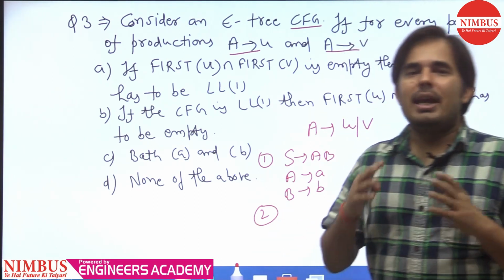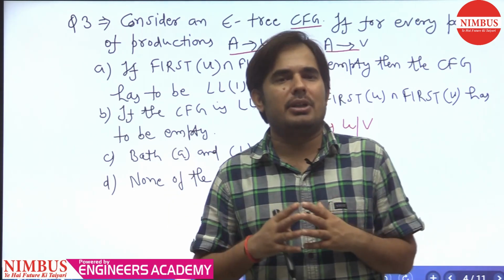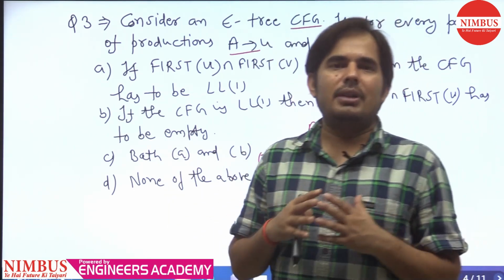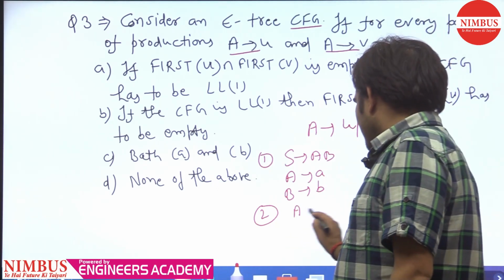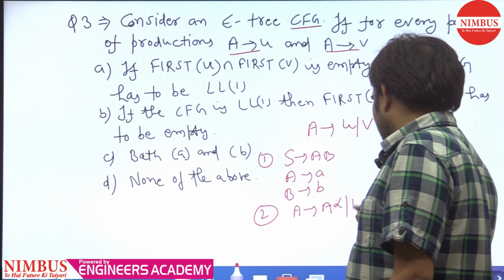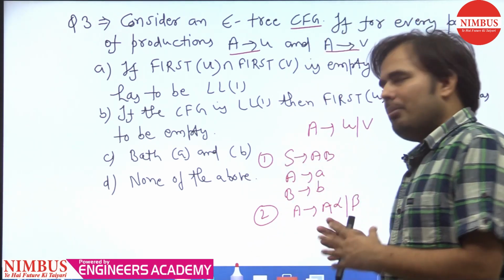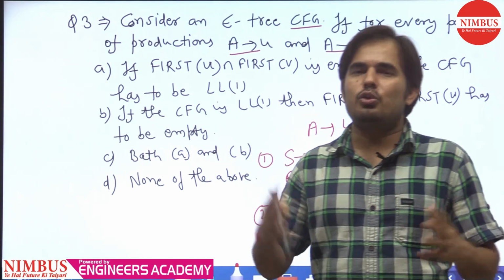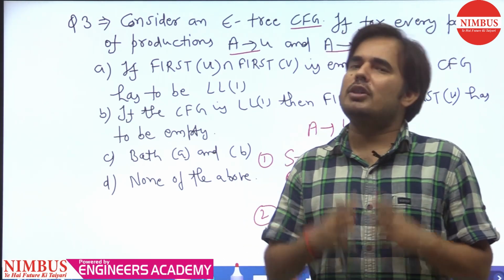The second rule is: if there is no left recursion in the given context free grammar, then the grammar is LL1. And what is left recursion? A tends to A alpha slash beta. If we do not have any production like this, meaning no left recursion in the given context free grammar, then the grammar is always LL1.